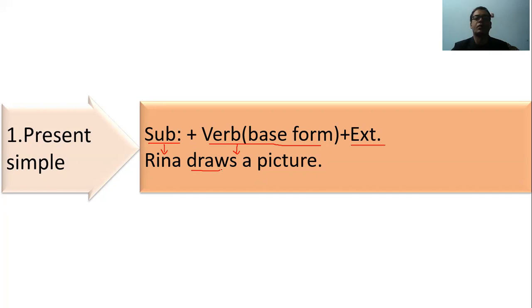If the subject is third person singular number, you have to add s or es at the end of the base form of verb. Then you have to use an extension or object. So you will get a sentence.